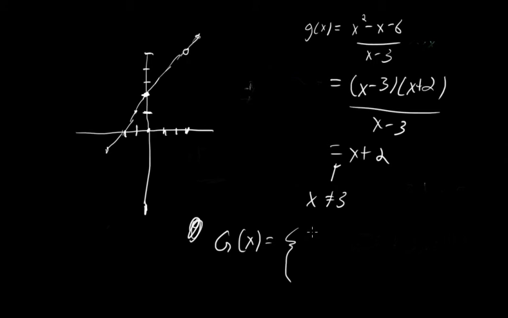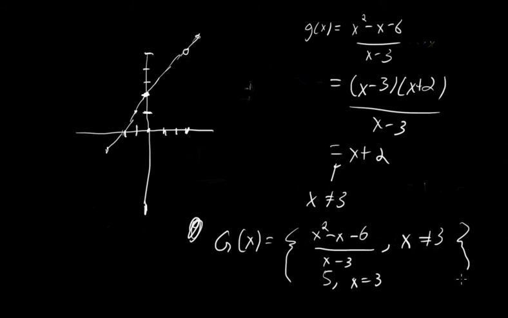So capital G of x is going to equal x squared minus x minus 6 over x minus 3 when x is not equal to 3, and at 3 it's just going to equal 5. Now this function basically fills in this hole here, so we have a removable discontinuity.